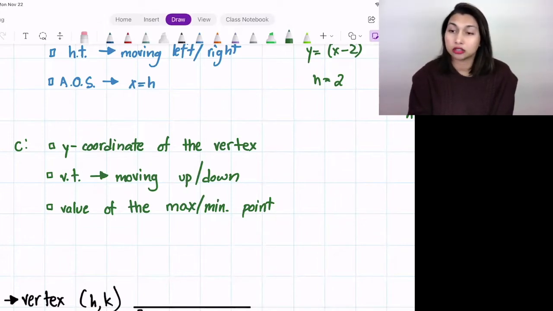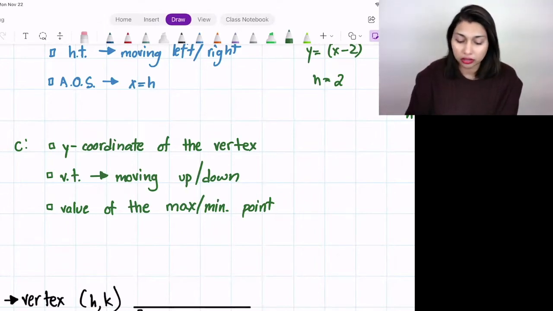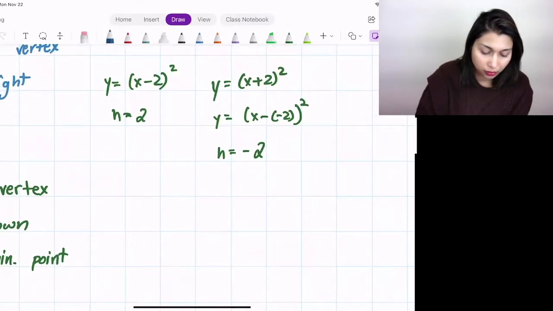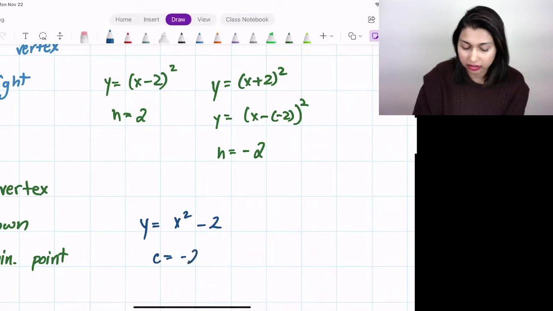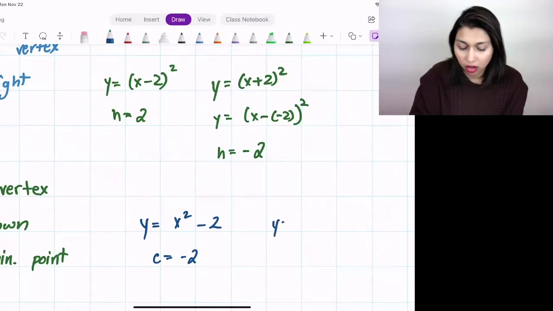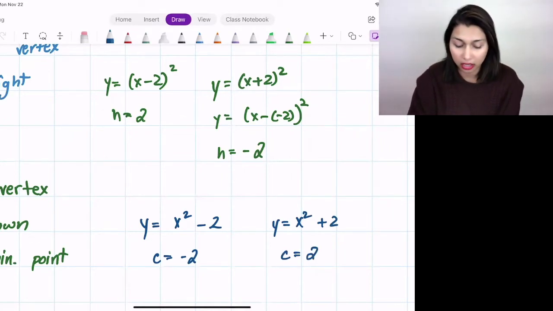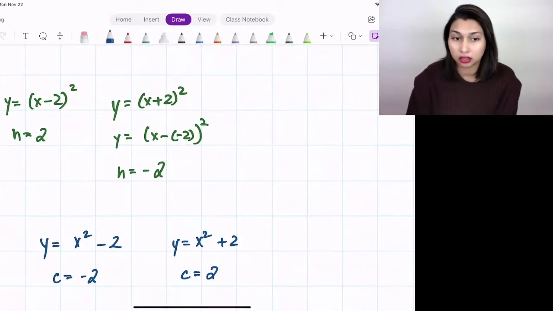It also tells us the vertical translation, so if it moves up or down. There isn't much of a change here. If we had y equals x squared minus 2, our k value is -2, meaning that it's moving down. And if we had y equals x squared plus 2, our k value is +2, meaning it's going up.